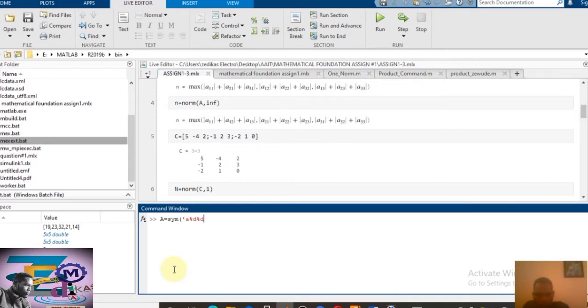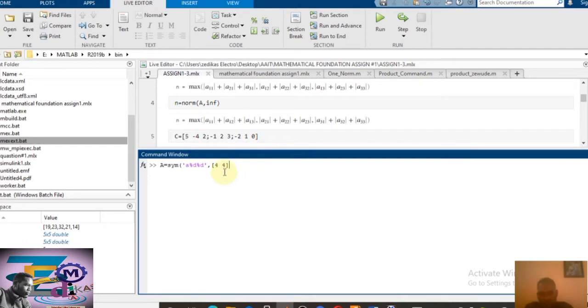I have to close the bracket and then separate with a comma. Then I put the size of the matrix. Our matrix is 4 by 4, and enter the bracket. It will display the 4 by 4 matrix for us.